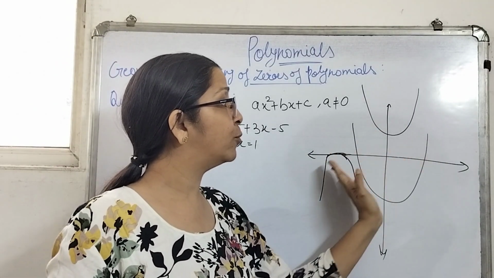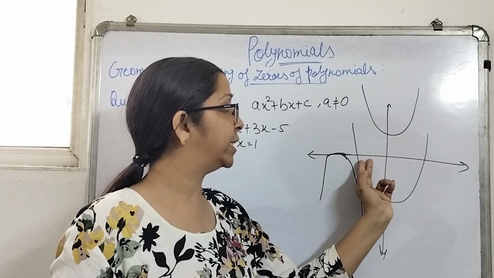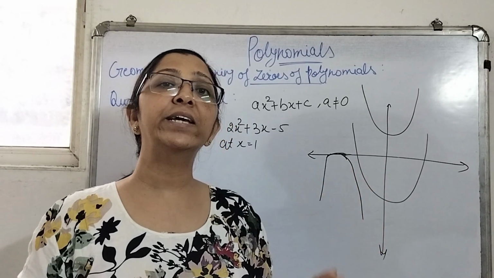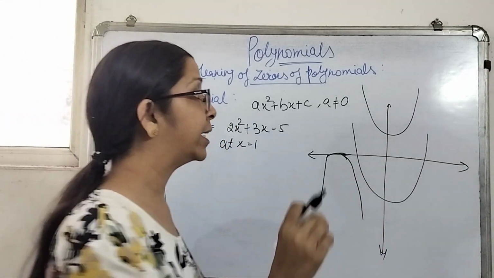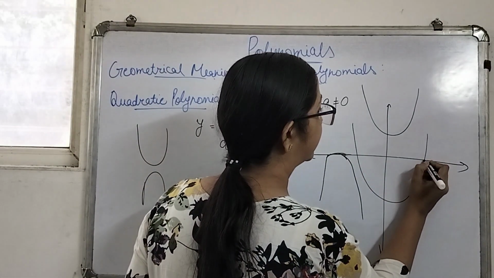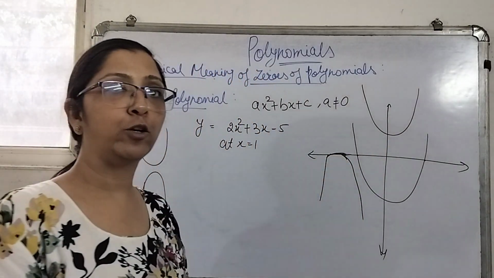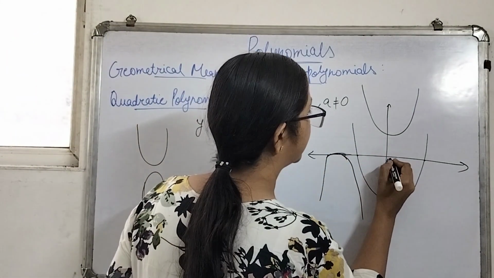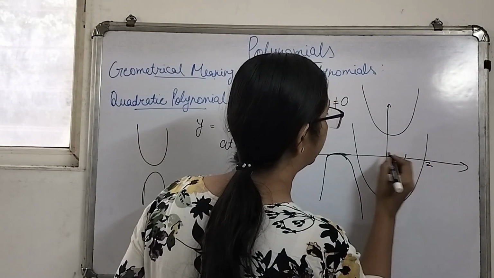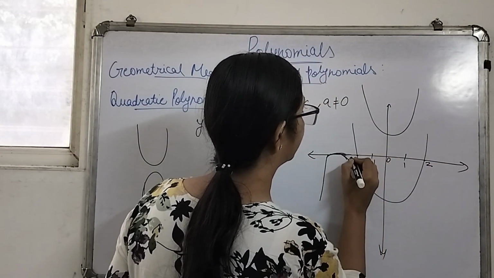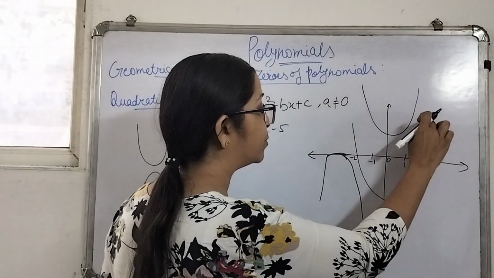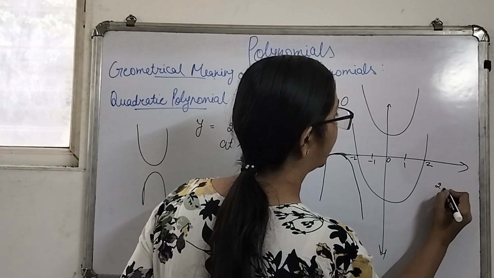That means the number of points at which the graph intersects the x-axis will give you the number of zeros, and the exact point at which it intersects the x-axis will be the zero of the polynomial. Suppose it is 0, it is 1, it is 2, it is minus 1, it is minus 2. So the zeros of this quadratic polynomial will be 2 and minus 2.